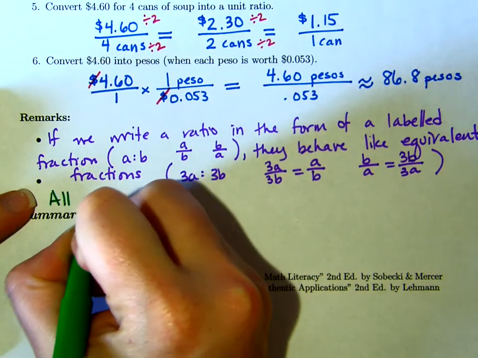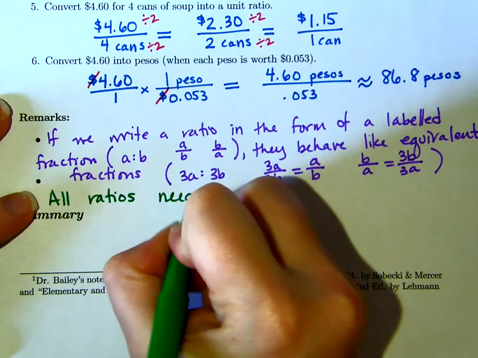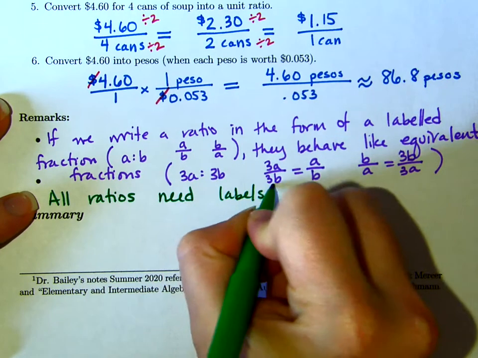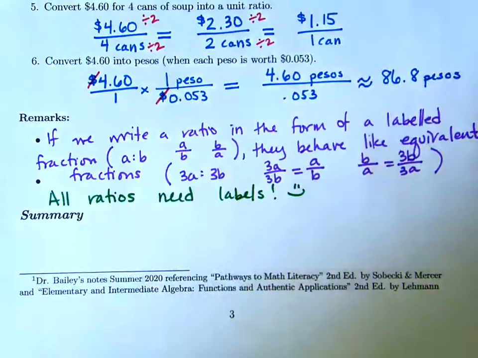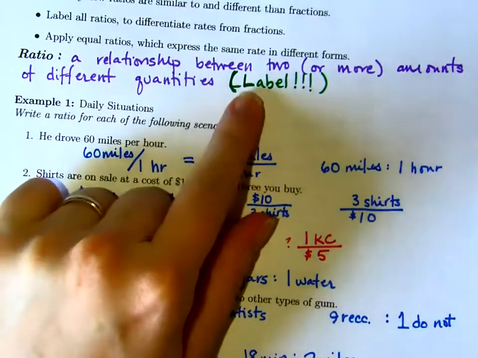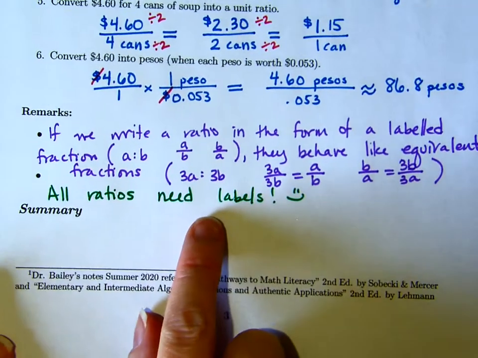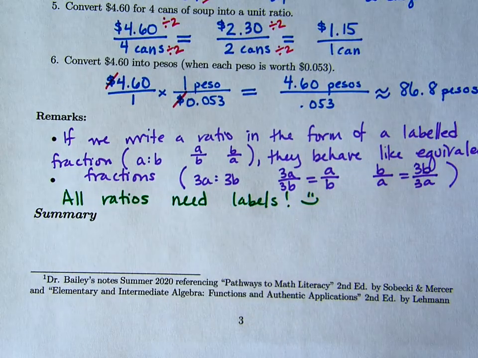All ratios need labels or people get confused. I started with that and now I'm ending with that. That's the huge difference between ratios and fractions, is that they may or may not come from the same whole, and that's important.